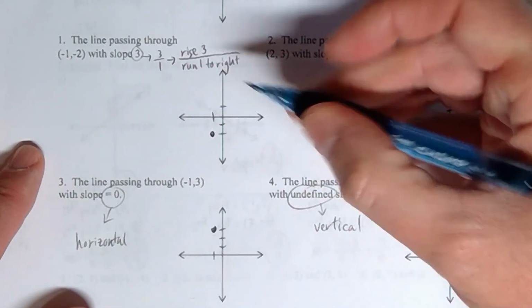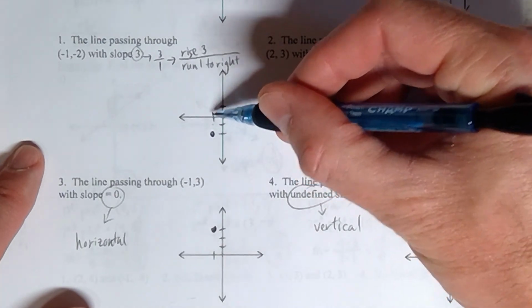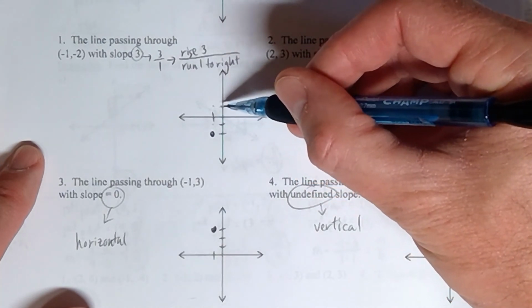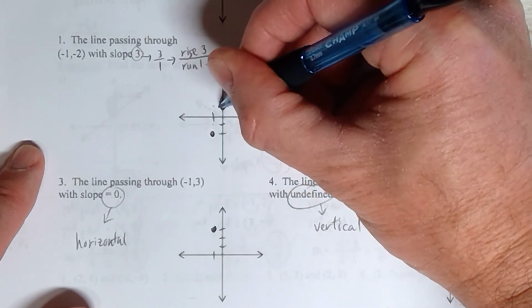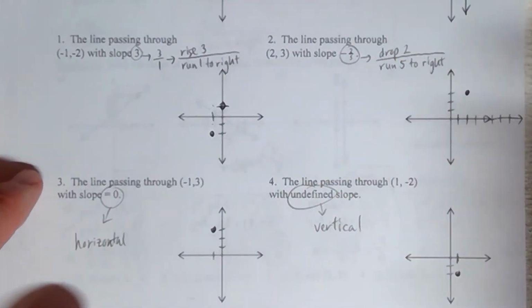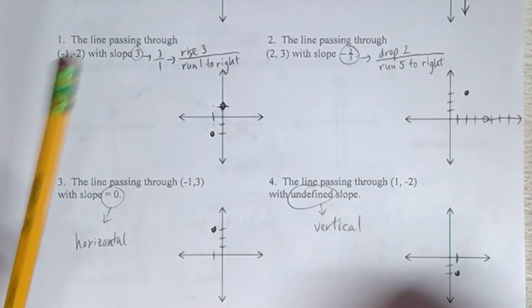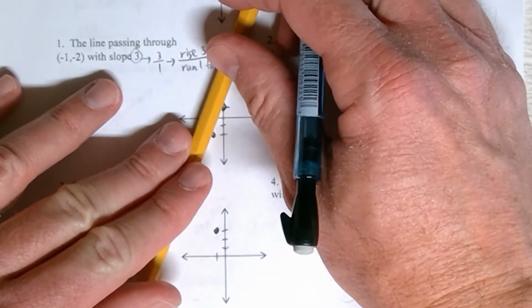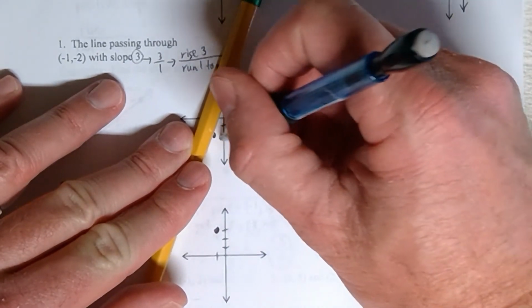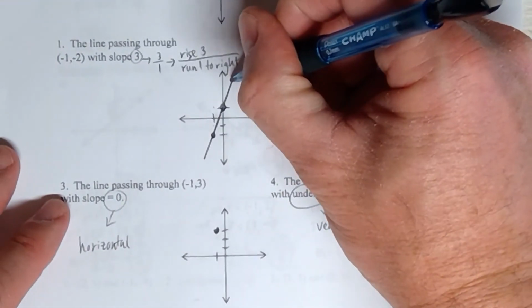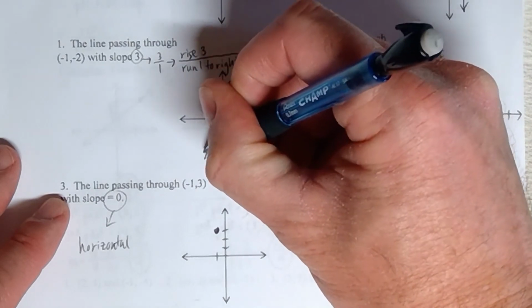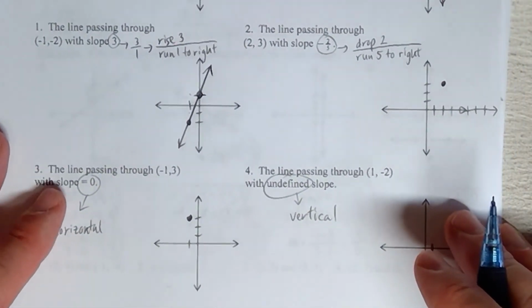So I'm going to rise 3, 1, 2, 3, and then I'm going to run 1 to the right, and it's going to take me right to this point right here on the y-axis. Okay, and now that I've got my second point, I draw my line, right? There we go. Don't forget to put your arrows on your lines. And let's move on to the next one here.